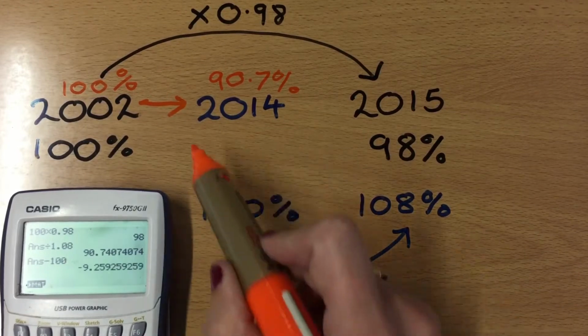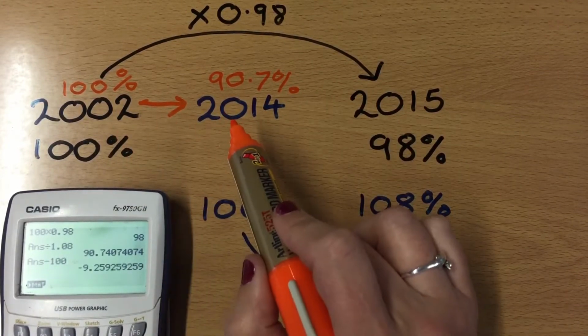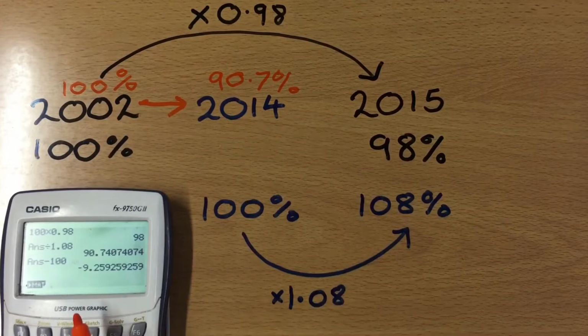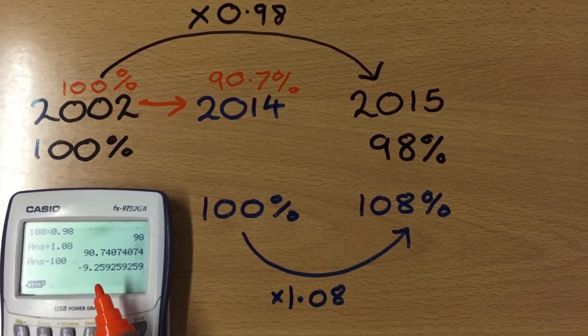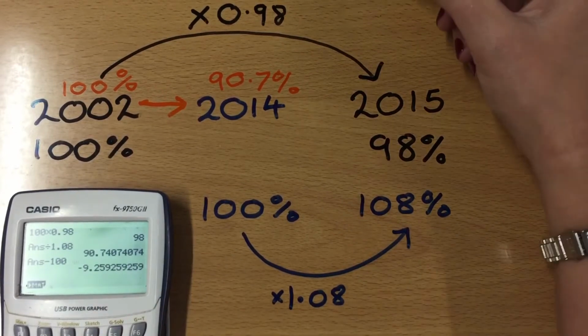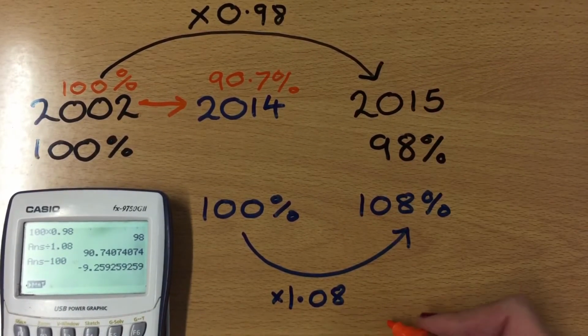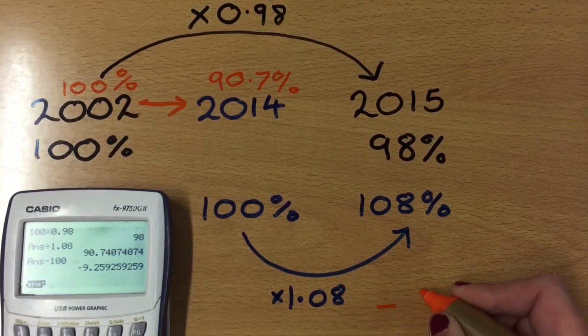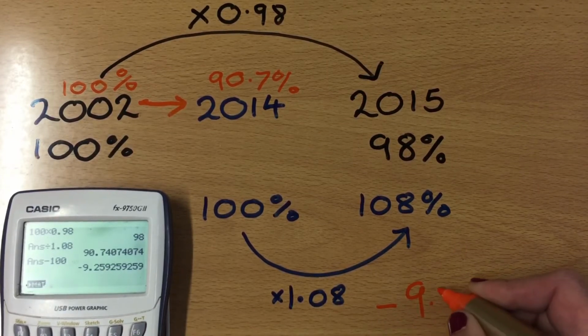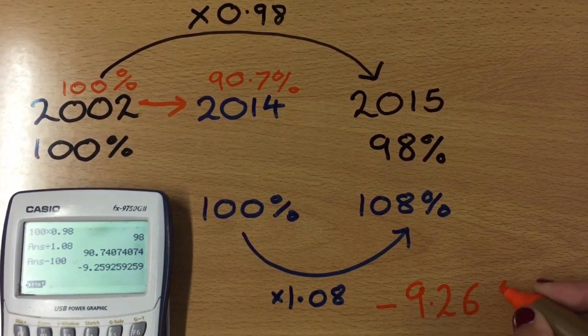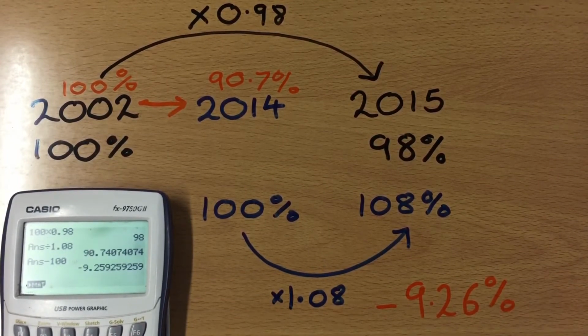And we've gone down from here to here by 9.259. So we've got a percentage change of minus 9.26%. And that will tell us what the percentage change is for our third quarter.